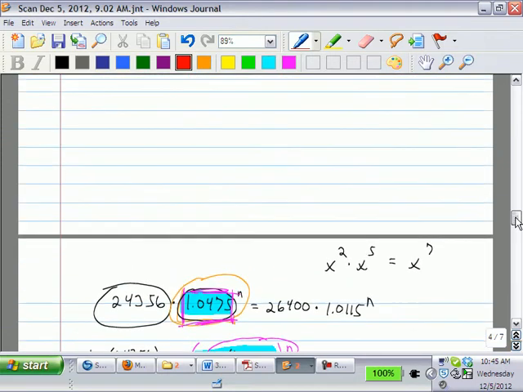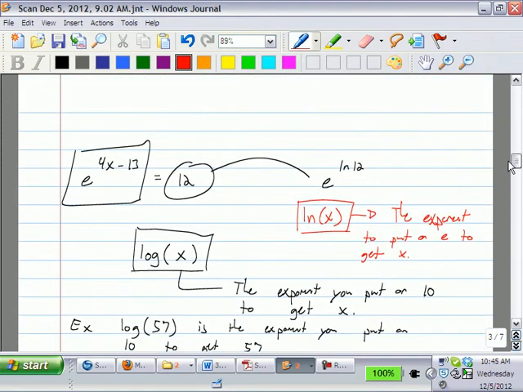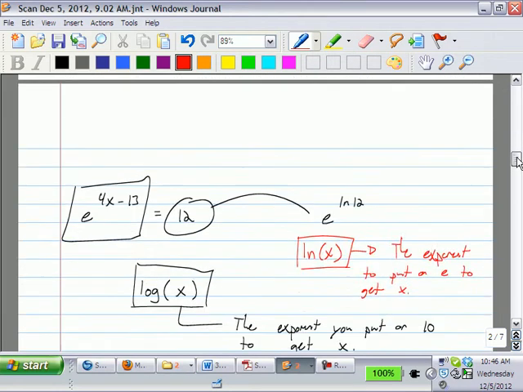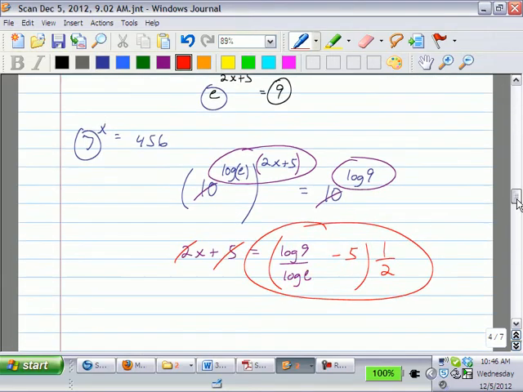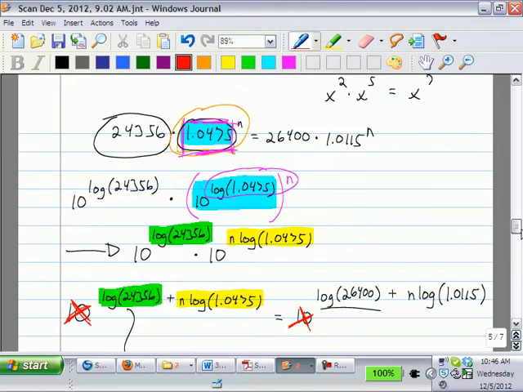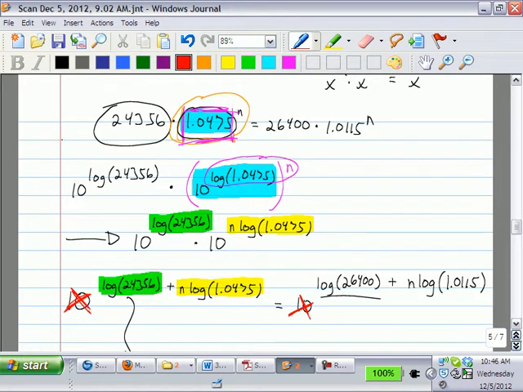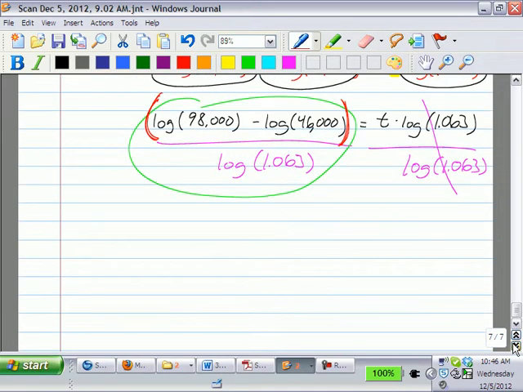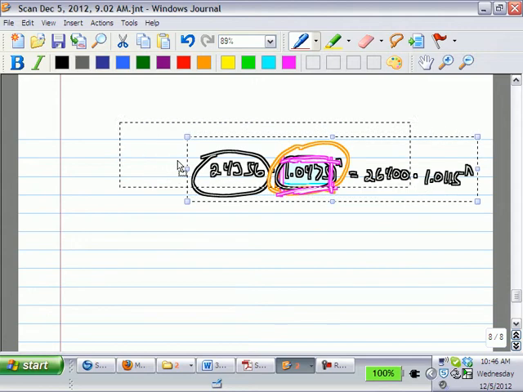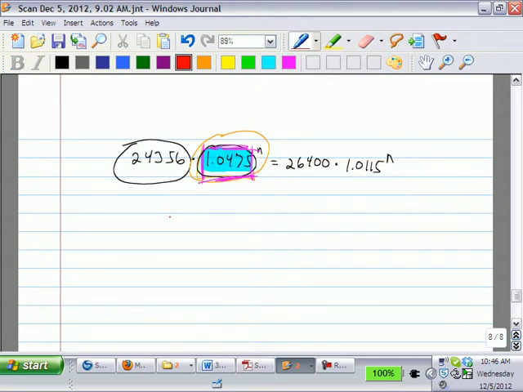Okay, before we go on to 6, I said 4 is on the other recording, but here's why this is important. So, in number 4, here's the setup of number 4.